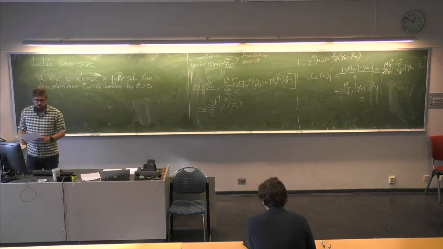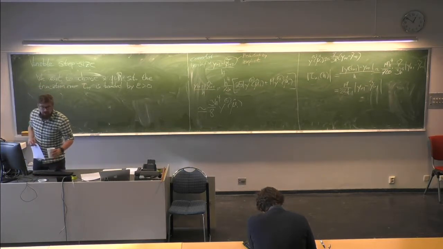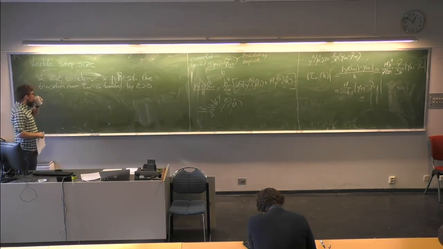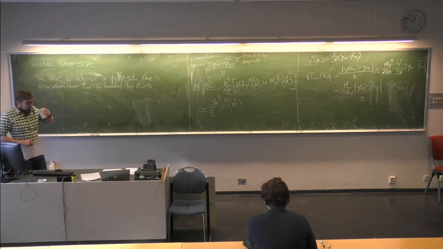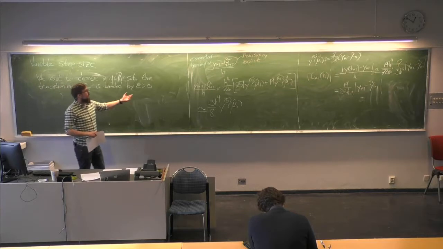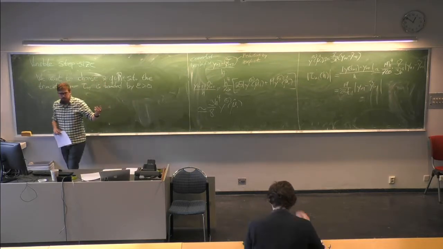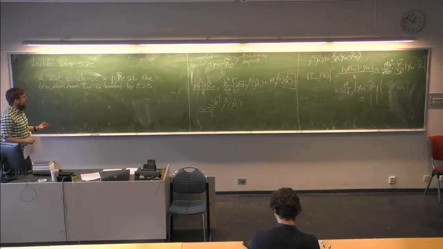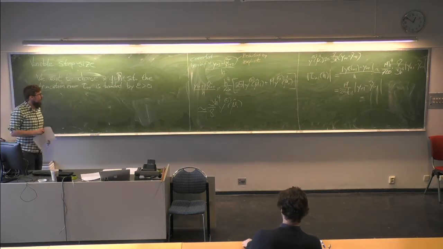So we also have to pick how accurate we want to be. And if you want to be very accurate, well, you still have a roundoff error in the computer. So that's kind of your lower limit for this epsilon.